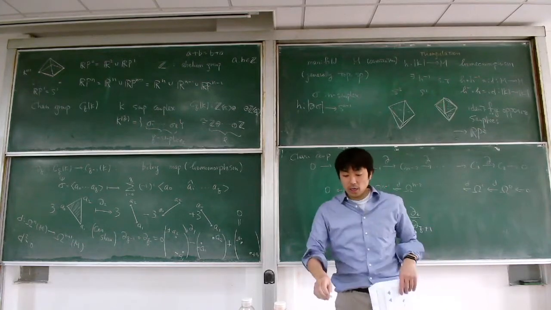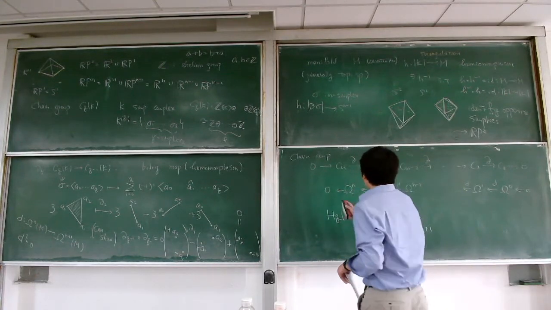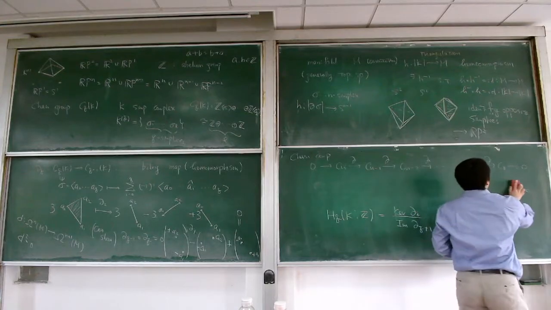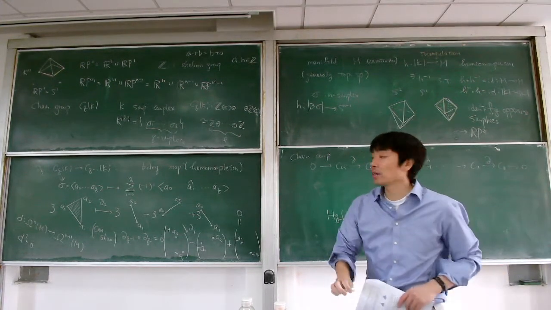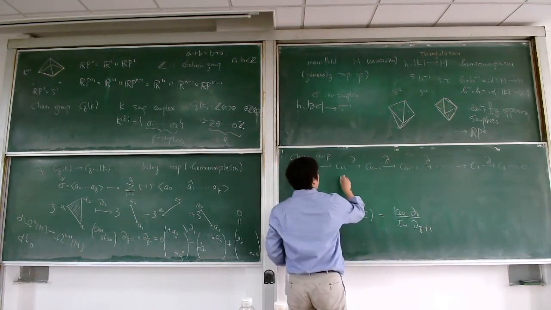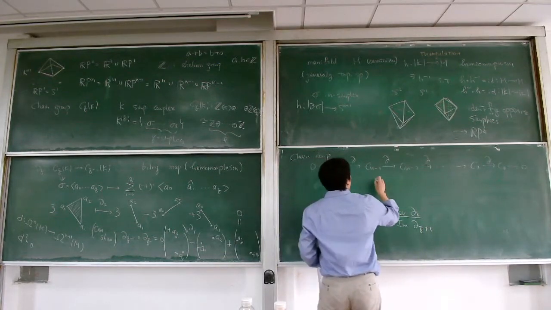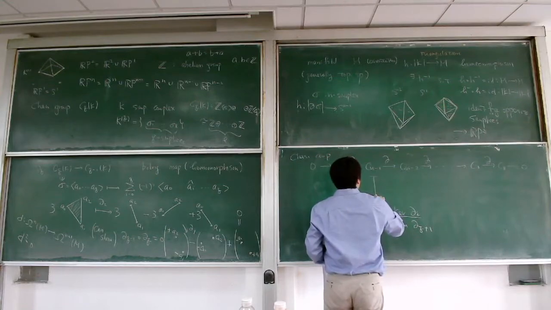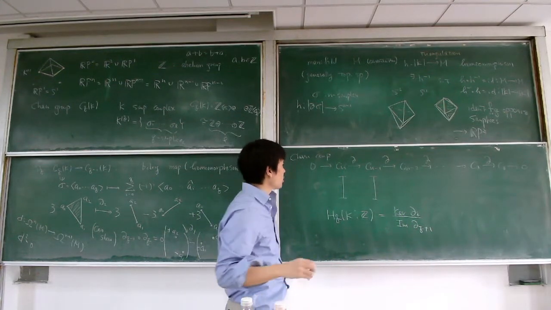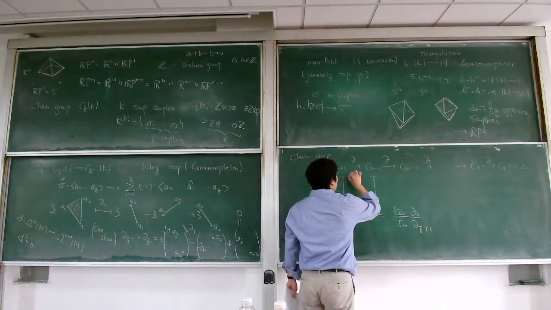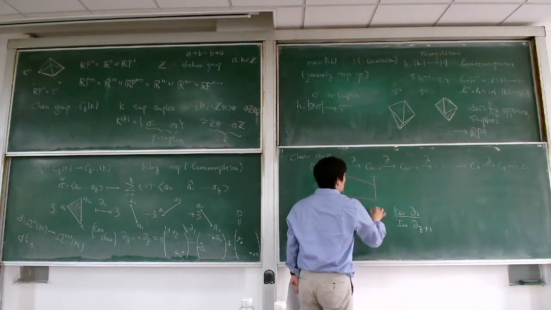So again, it's a vector space, or like an abelian group. It's an abelian group. So again, we just look at the boundary map, which will be like this way.